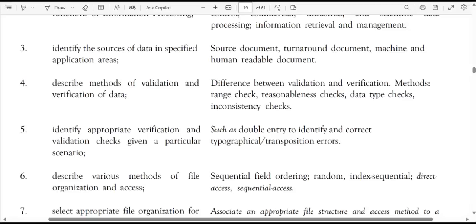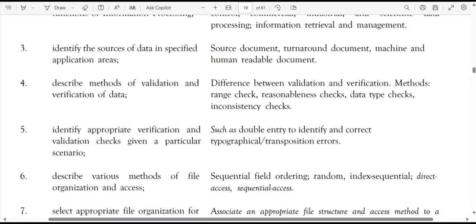Methods of verification of data: verification methods ensure that the data input matches the original data. Examples of methods of verification of data are double data entry, and this is two people entering the same data independently and comparing results.